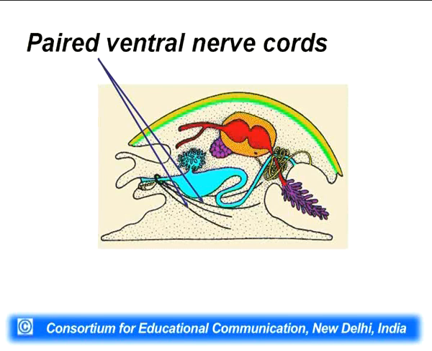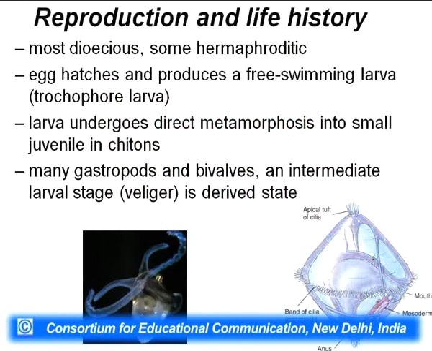About the reproduction and life history, most of the mollusks are dioecious, male and female sexes are separate, but some of the mollusks are also hermaphroditic. After fertilization, generally a free swimming larva is going to be produced, and the characteristic larva for the mollusk is called the trochophore larva.